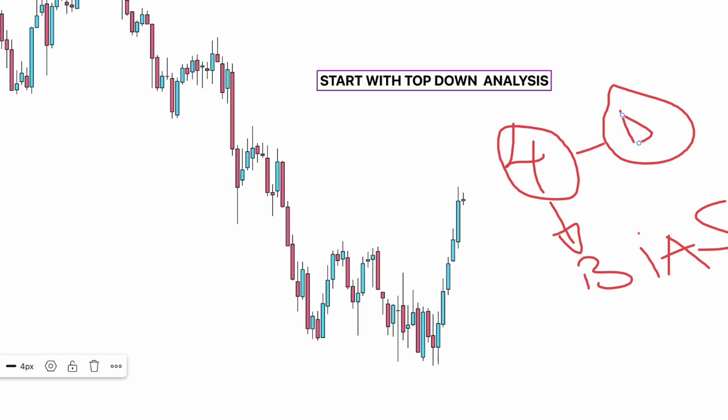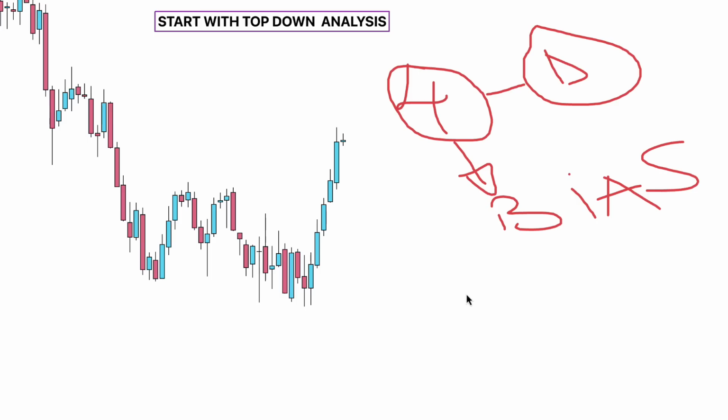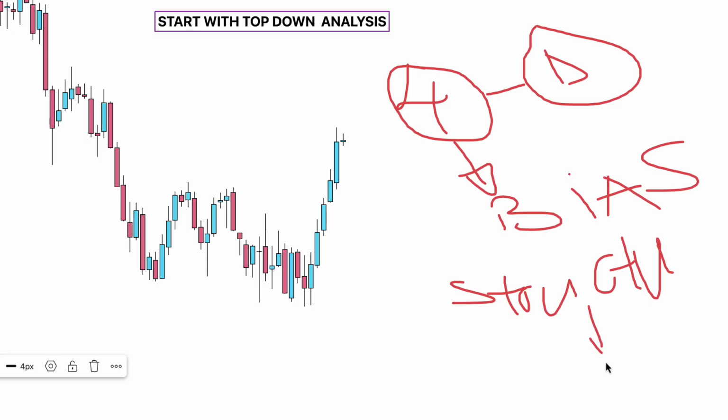Now, you can get your structure on the daily or higher time frame, or you can drop down to the lower time frame, which is specifically best for intraday traders. 15 minutes is the best time frame for intraday traders, not even the 1 hour, because you will be trading within a particular session of the day.